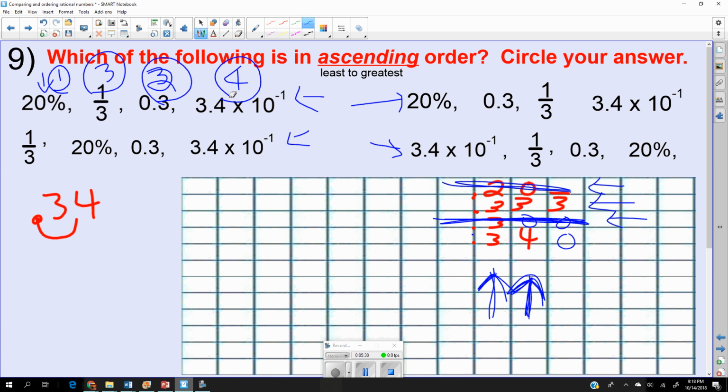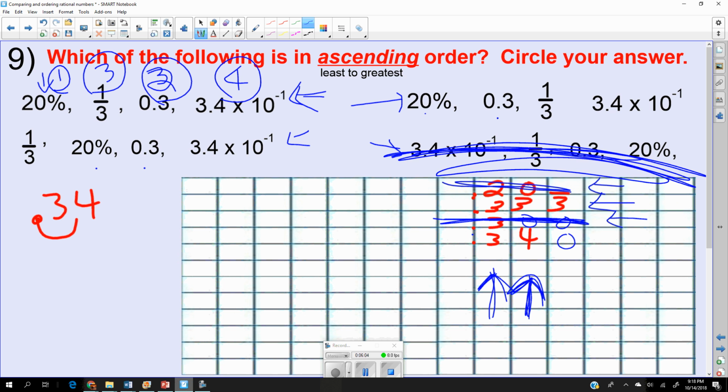So now we have to find 20%. When we come over here, we know that these are already not in order, because we just put them in order, and that was 1, 3, 2, 4. So 20% is first, and then 0.3 is next. Oh, I'm seeing something. There's 20%, 20%, 0.3, 0.3. So it's not going to be this one.